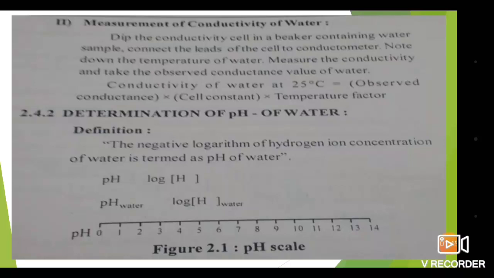Generally the pH scale is divided from 0 to 14. The pH scale extends over 0 to 14. From 0 to 7 it is acidic, from 7 to 14 it is basic, and at exactly 7 it is neutral pH.